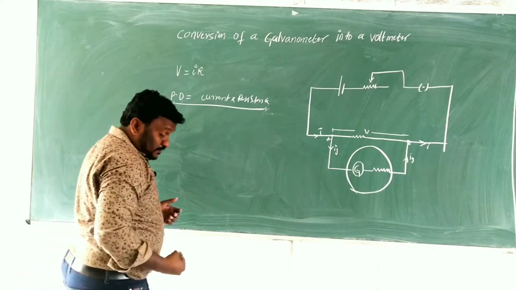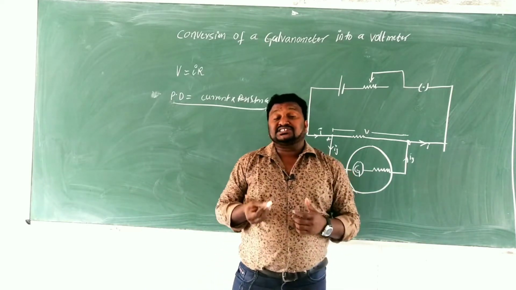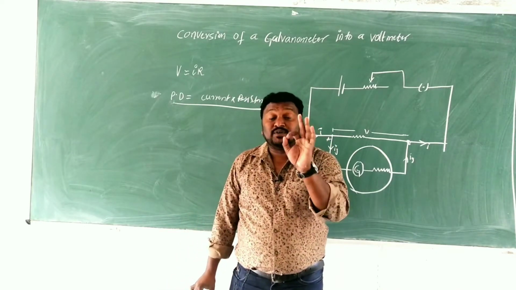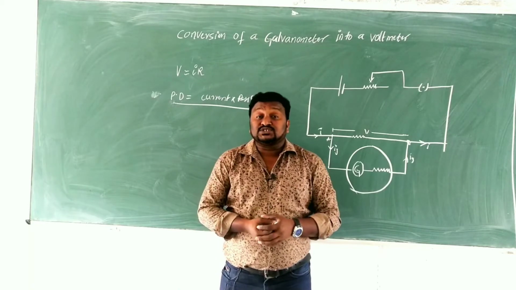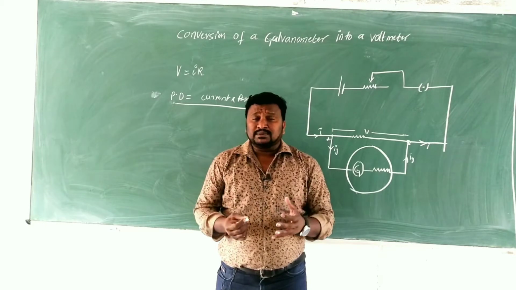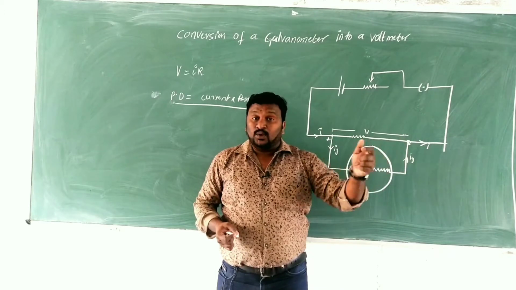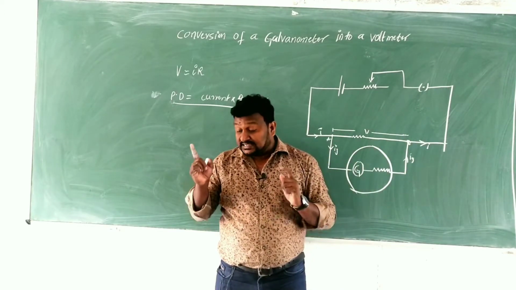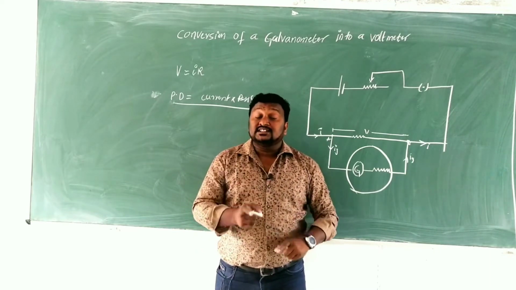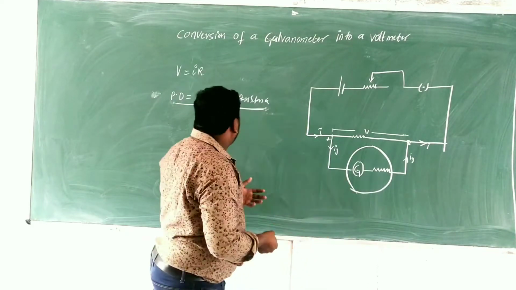Children, if you connect a voltmeter in a circuit, then that voltmeter does not affect the amount of current that passes through the circuit, because the purpose of using a voltmeter is to measure potential difference. While we are measuring the potential difference, the voltmeter does not alter the amount of current that passes through the circuit.